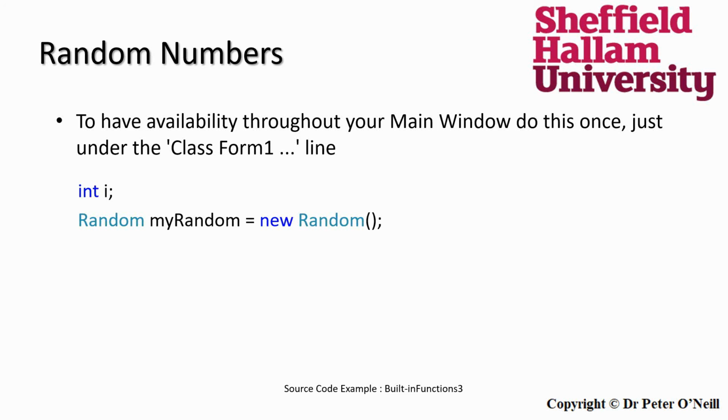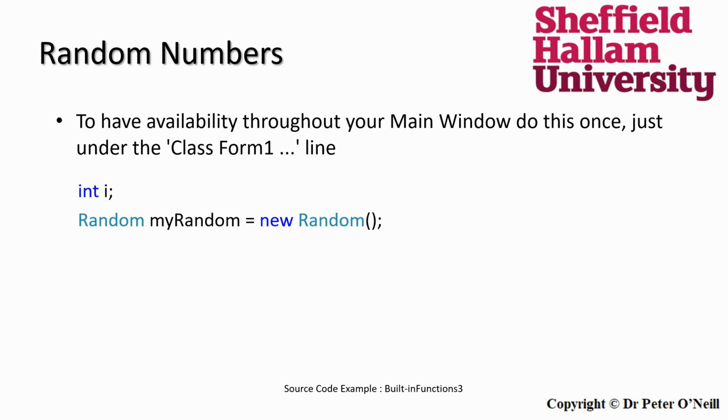Now, here we're saying that class random, remember random is a blueprint of a random selector. And I've said that its type random is my random. So, like I is an int, my random is a copy of random. But it will become a new copy of random.